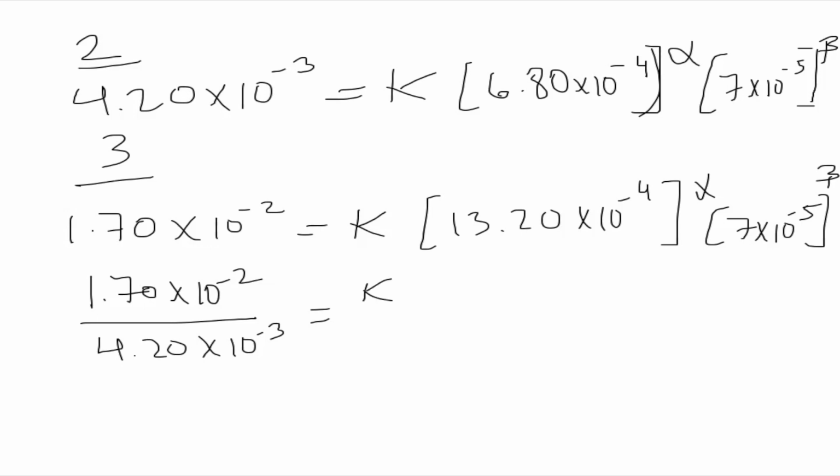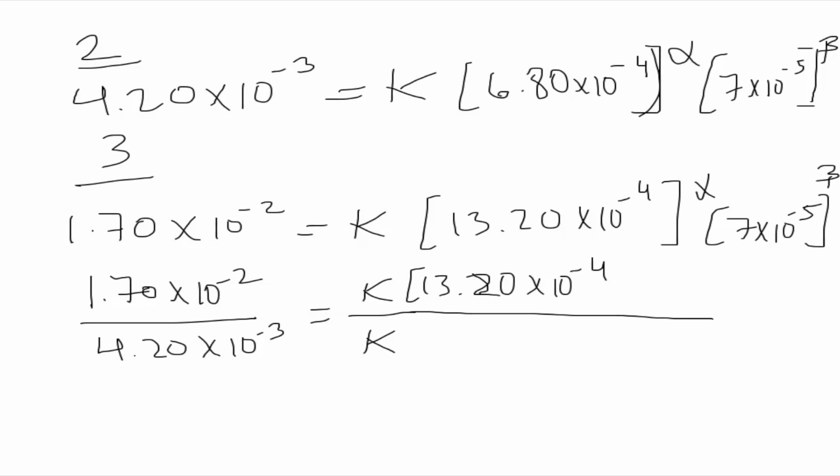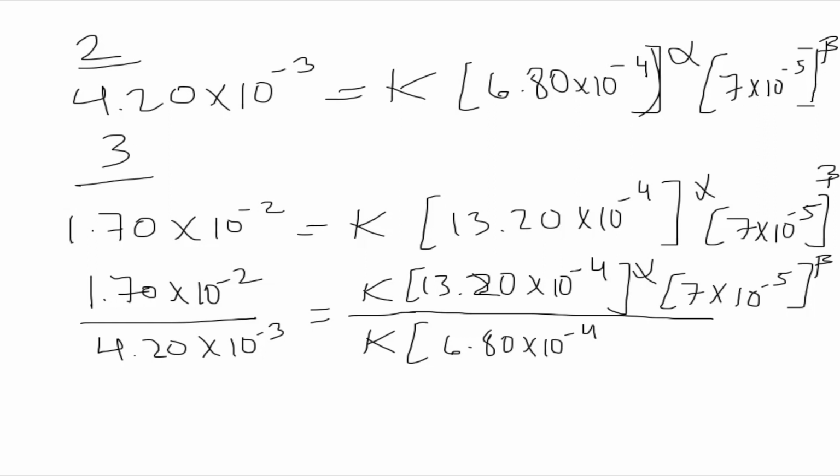And we have K over K. For rate 3, it's 13.20 times 10 to the negative 4 to the alpha, 7 times 10 to the negative 5 to the beta, and over 6.80 times 10 to the negative 4 to the alpha. And then the same goes for 7 times 10 to the negative 5 to the beta.